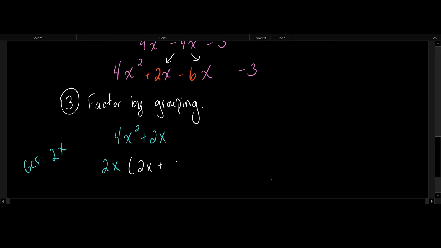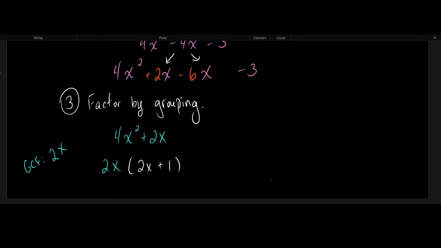And then 2x, if we take 2x out, only 1 is left behind. So looking at the first 2 terms all by themselves, factoring out, this is what we get. Now let's have a look at the last 2 terms.